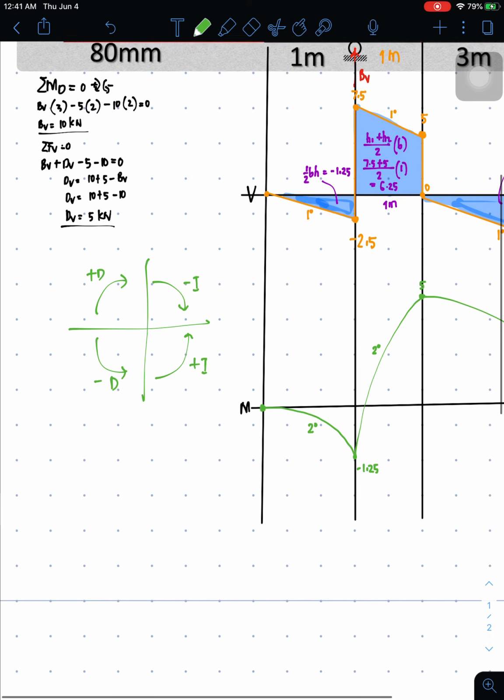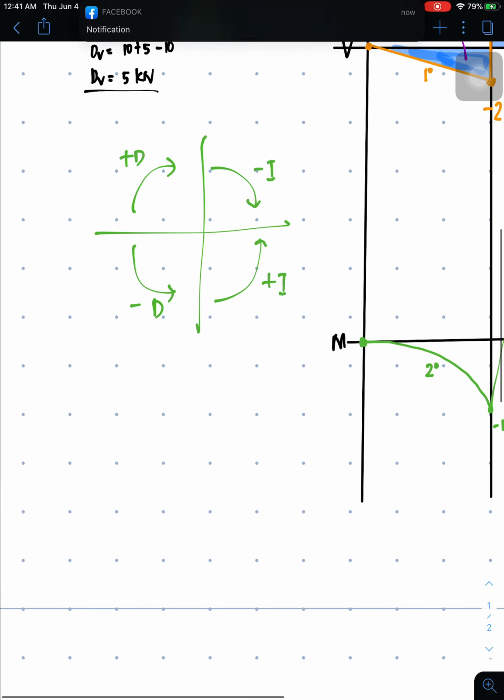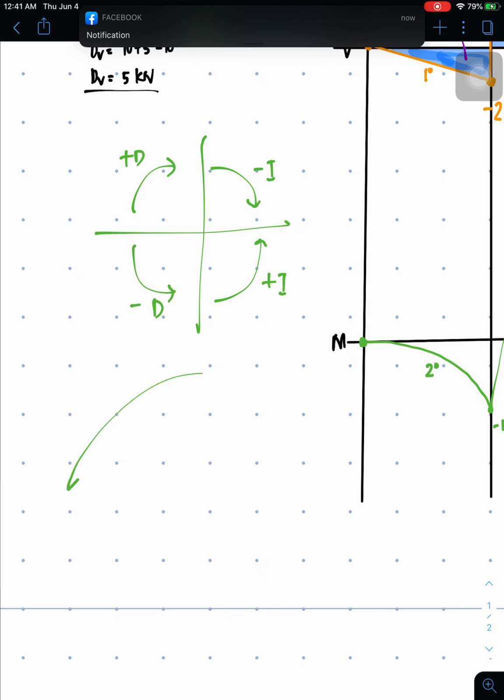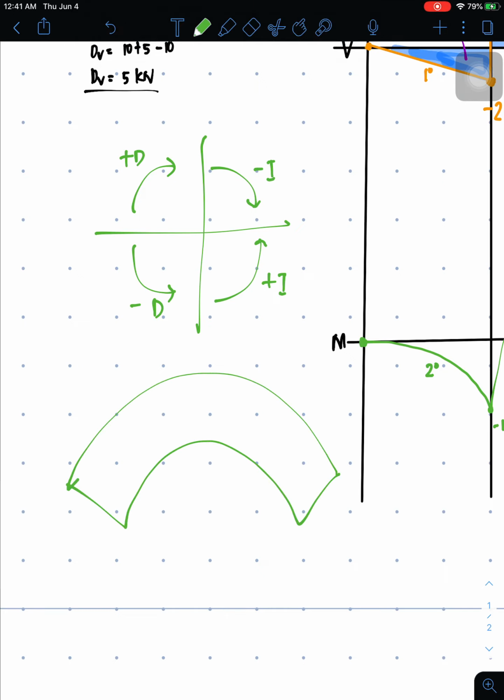And by the way, I haven't shown the negative moment earlier. For a negative moment, for example, the deflection is exaggerated. Negative moment is concave downward. So this is the neutral axis.